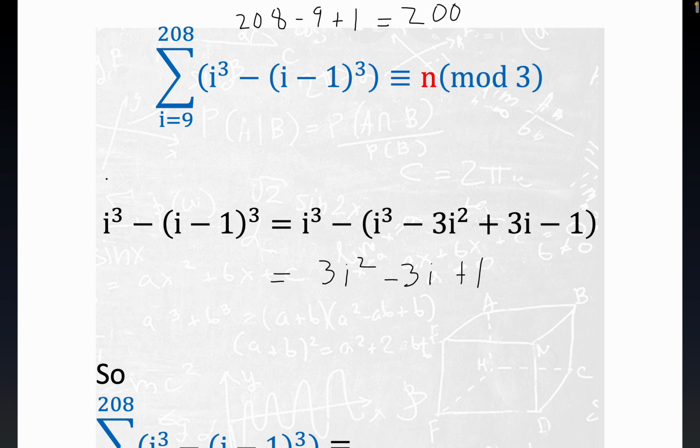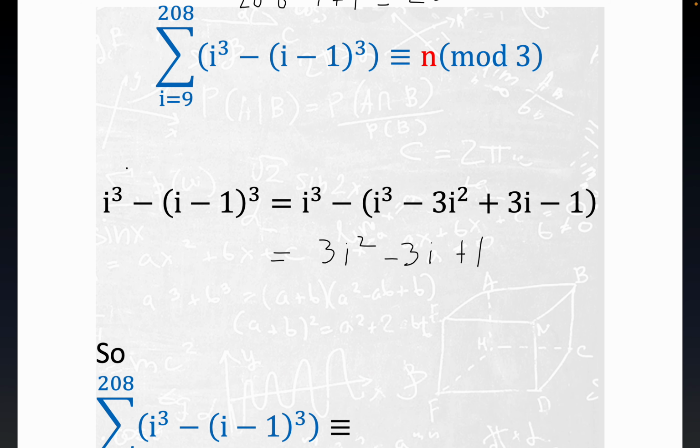But what makes this thing tick is that you can factor out a 3 here. You can factor out 3i, in fact. So you get 3i times i minus 1.